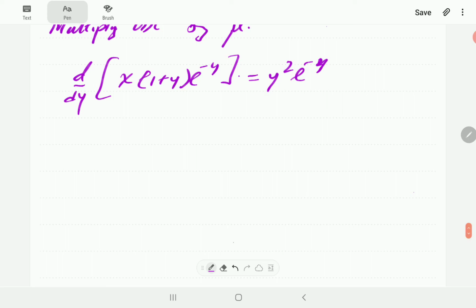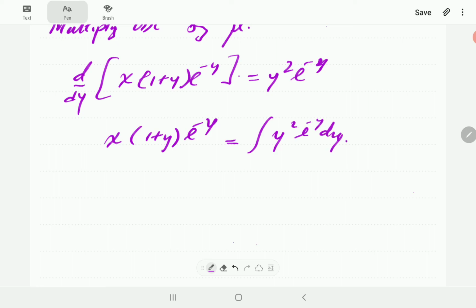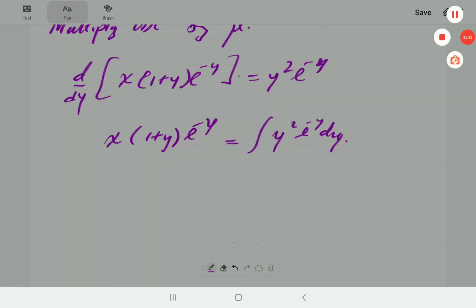And so if we integrate, the left hand side is going to be that, the right hand side is just going to be the integral of this, which we can evaluate using tabular integration.